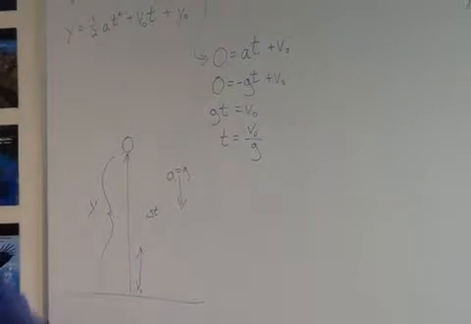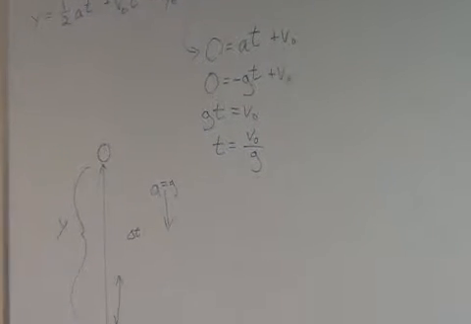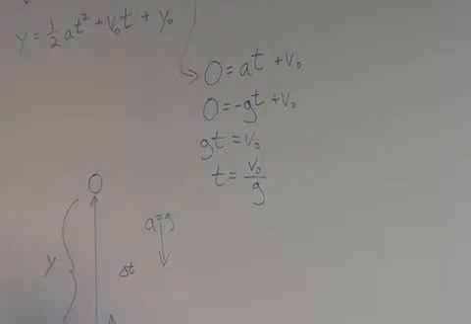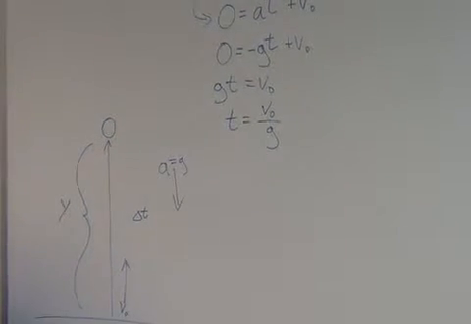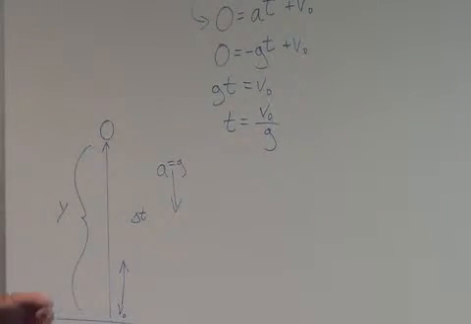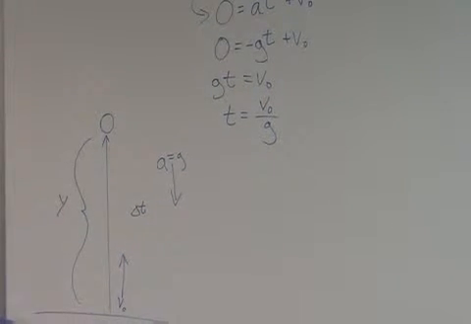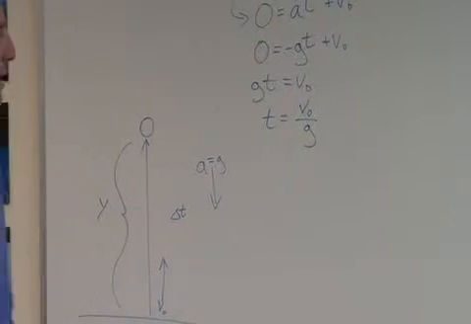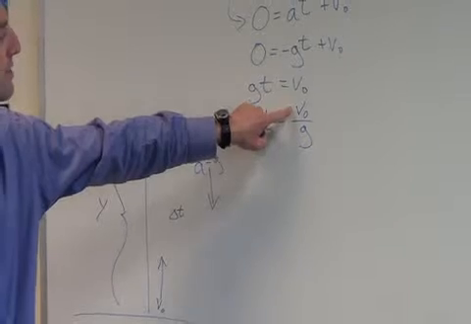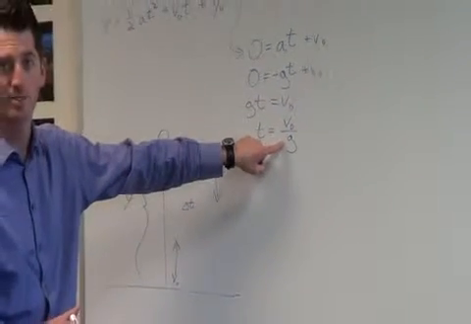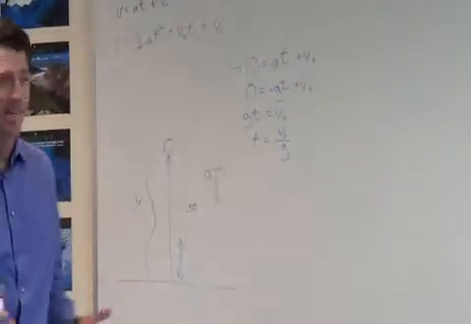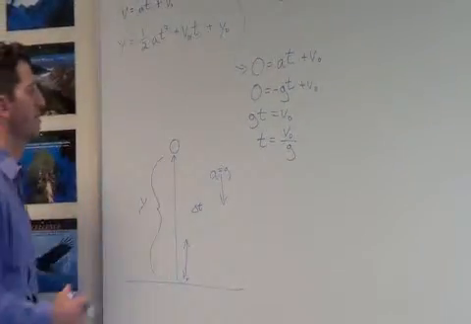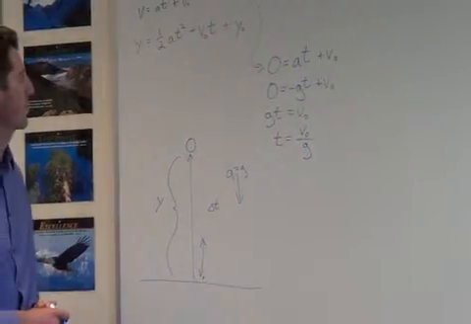A lot of times Eichmeier will use 10 meters per second squared as g, because it's pretty close to 9.8. So if the initial velocity here were 10 meters per second, we'd have 10 meters per second over 10, which would just be equal to 1 second. In that case, it would take 1 second to get to the top of its arc.